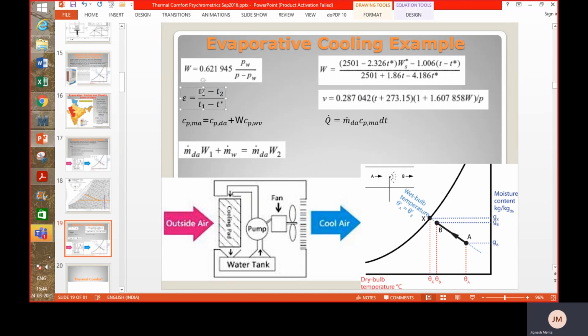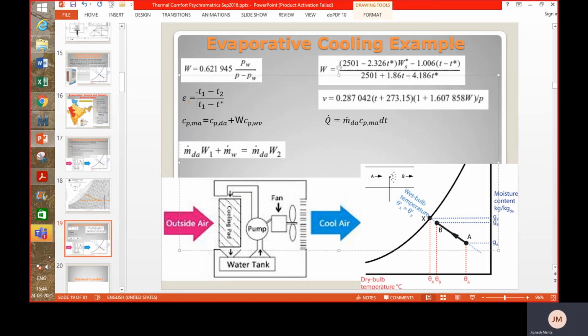The actual temperature change, T1 minus T2, over T1, that is entry temperature, minus wet bulb temperature, is nothing but effectiveness. The ideal change is in the denominator. That is, the air should enter at T1 and should reach the wet bulb temperature. That is the ideal change. But the actual change, T1 minus T2, would be smaller than that. And as provided, effectiveness is 80%, 0.8.